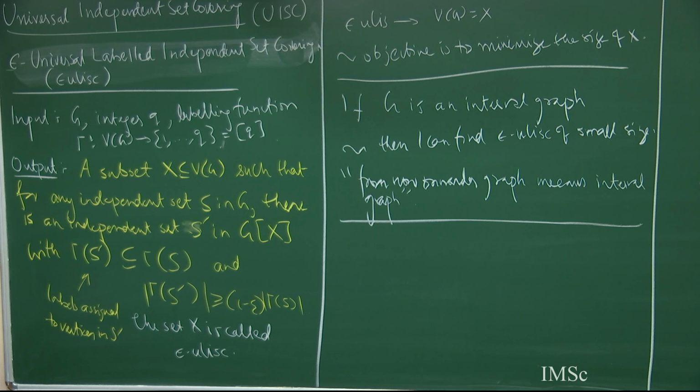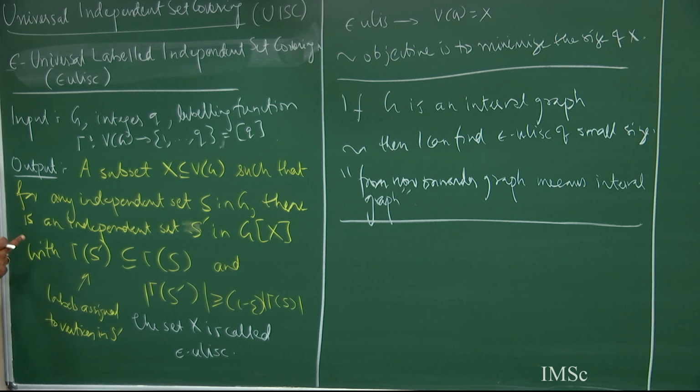Question? Comments? Rohani: Has this anything to do with the multicolored independent set? What is a multicolored independent set? You are given a labeling function that defines a partition of your graph into Q parts, and suppose you are interested in finding an independent set that picks at most one from each color class. Look, no, for two reasons. Why?